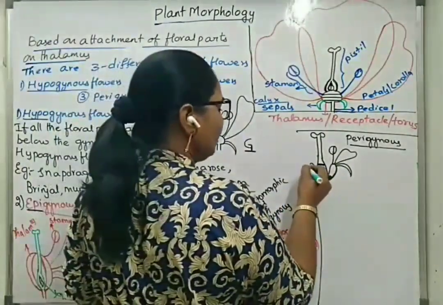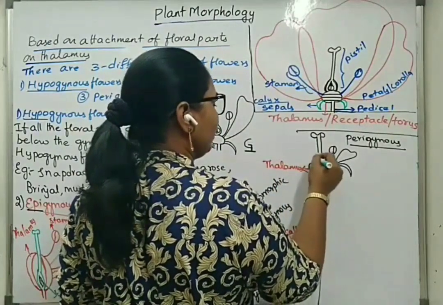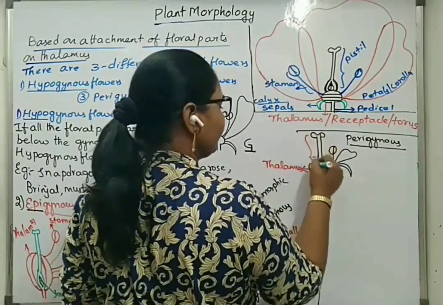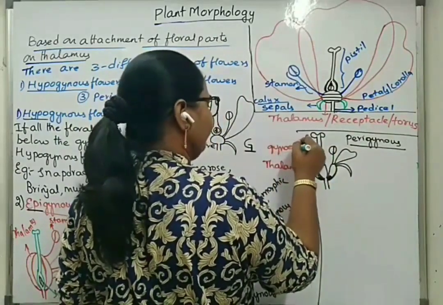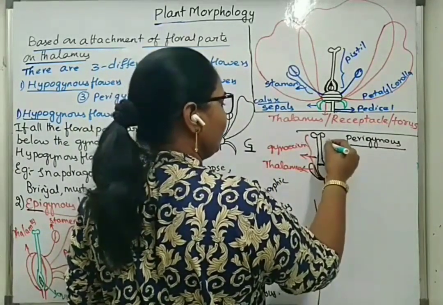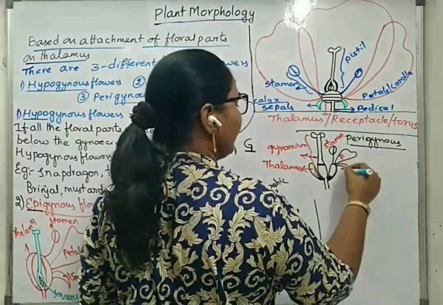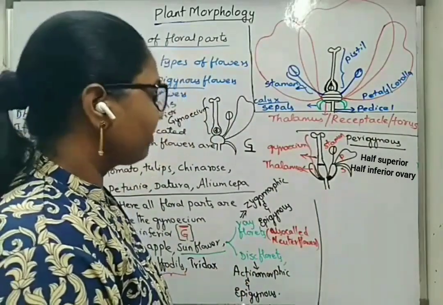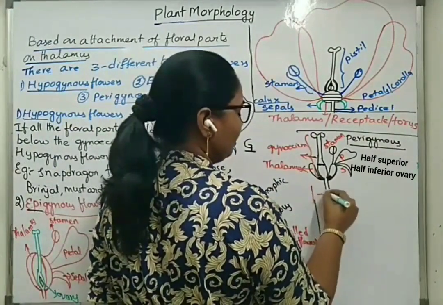So we will label this one thalamus, gynoecium. This is stamen, petal and sepals. We write some of the points here.